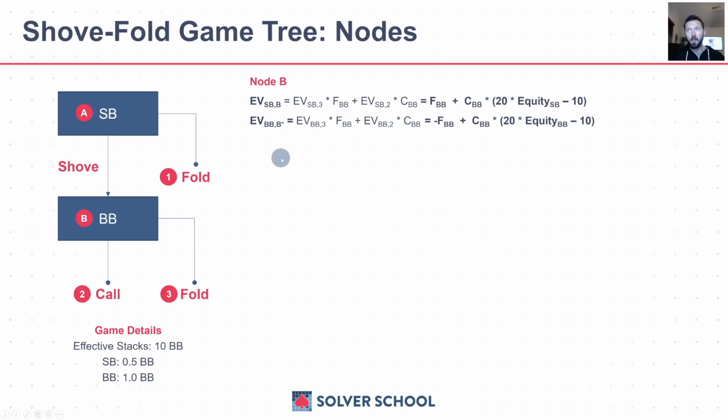Now you'll notice here I have a little star on the top of this hand for the big blind, and that's because it's the big blind's decision. It's the big blind's action point. And this equation holds for when we're looking at the entire big blind's range.